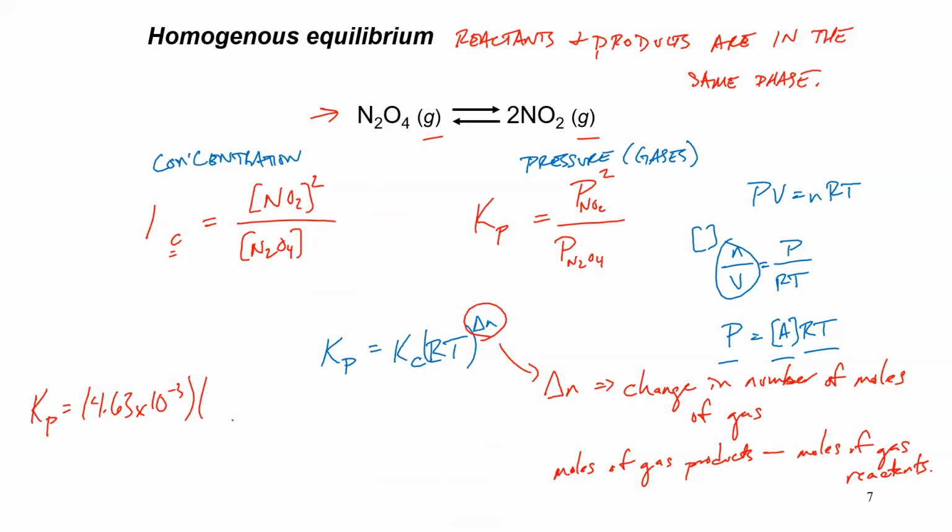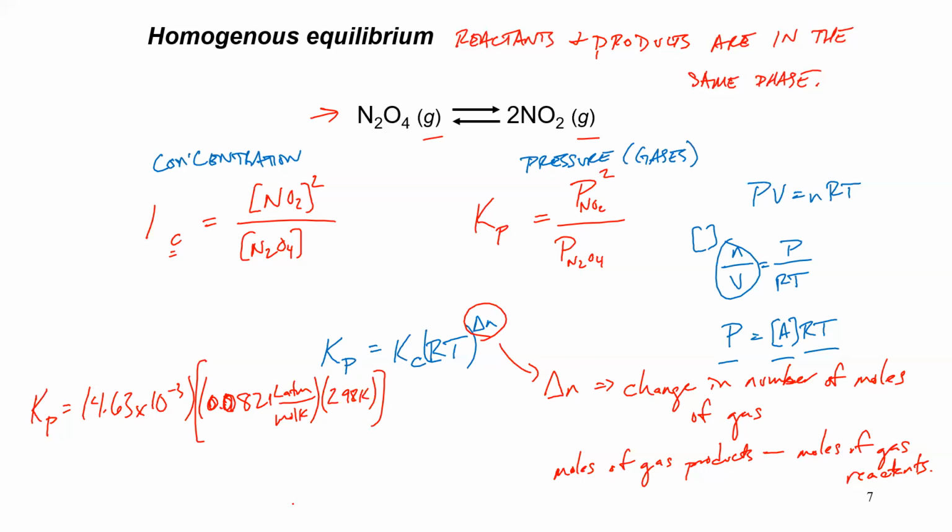R, which R are we going to use? 0.0821 liters atmospheres per mole Kelvin, or 8.314 joules per mole Kelvin? We're dealing with gases here, so do we need the liter atmosphere or do we need the joules? Liter atmosphere. That's right. So we have 0.0821 liter atmosphere per mole Kelvin times, now that table told us that it was at 25 degrees C. We need that in Kelvin, so that's 298 Kelvin.